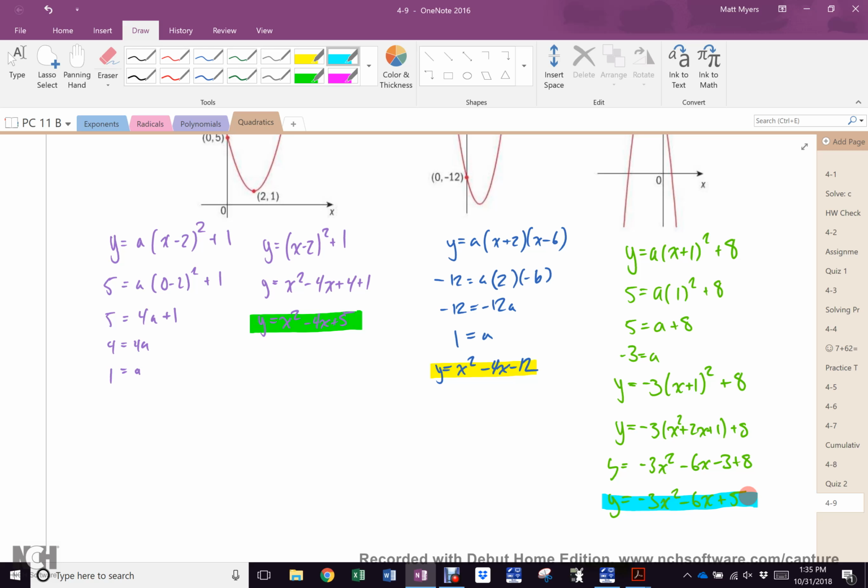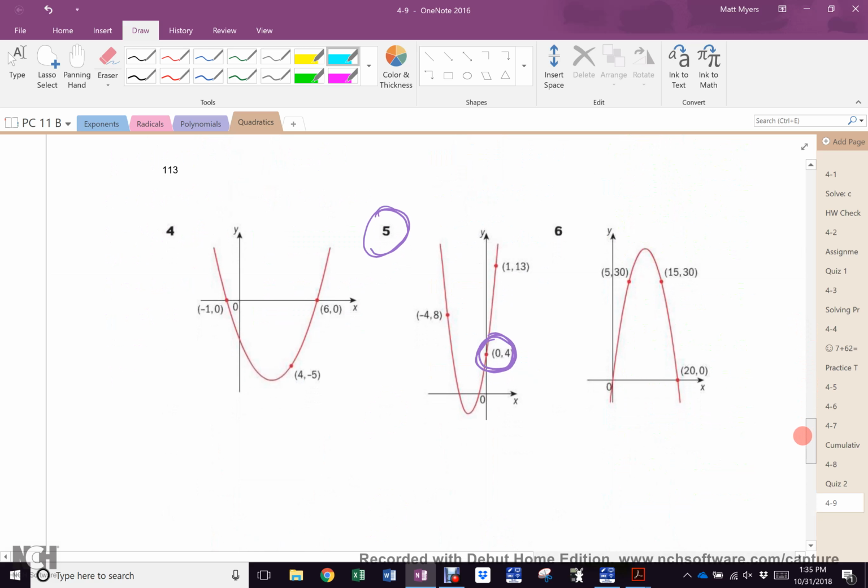Everybody should be able to do 1, 2, and 3 in their sleep, yes? Do I need to do 4? Okay.